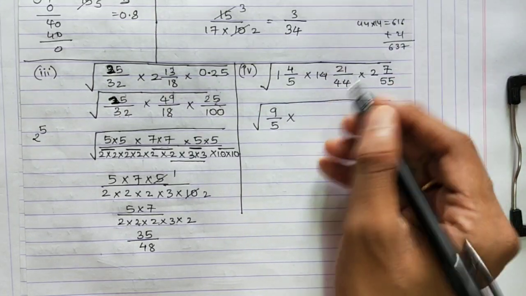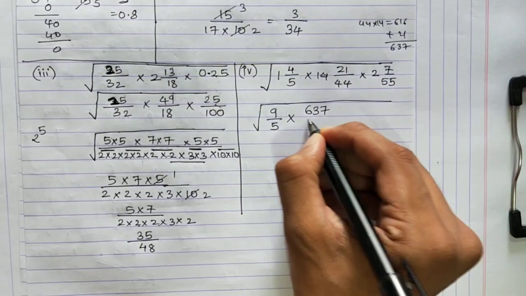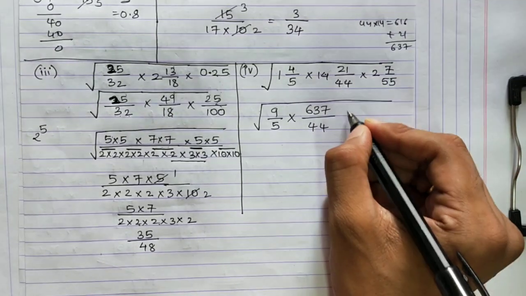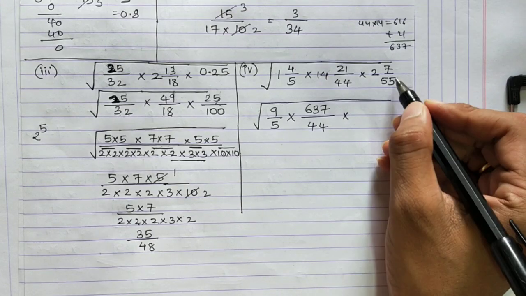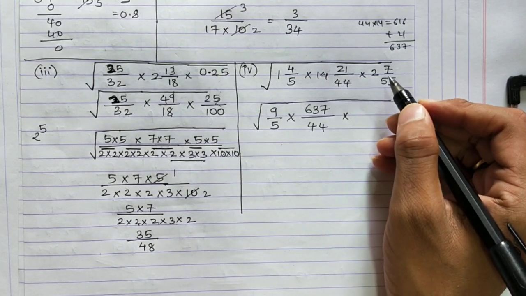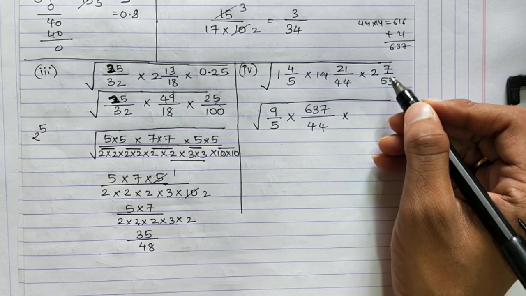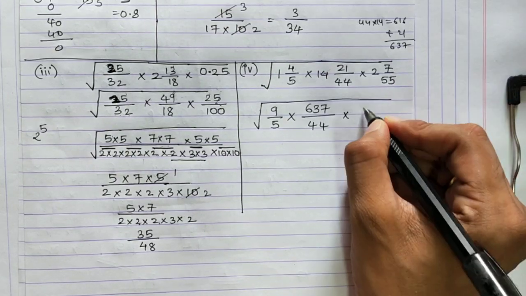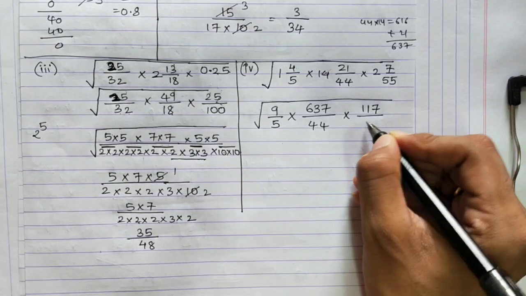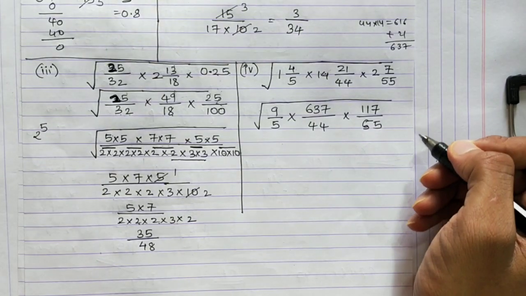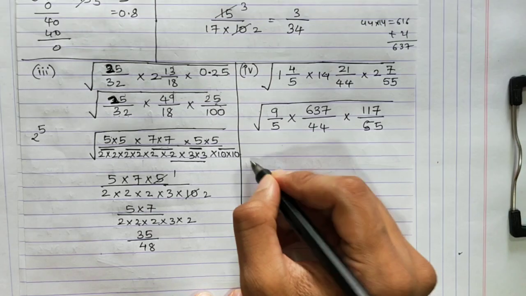So in the numerator we will have 637 upon 44. Here 55 into 2 is 110, 110 plus 7 is 117 upon 55.